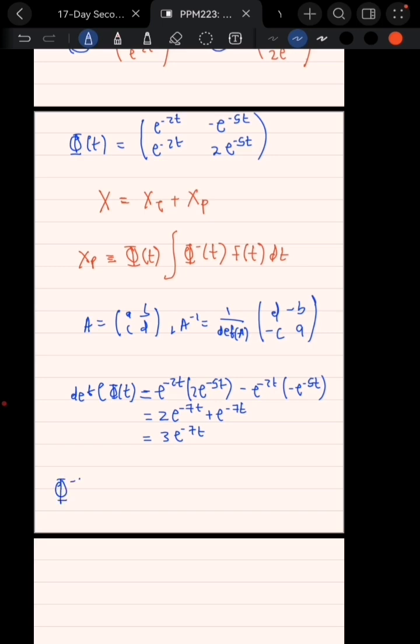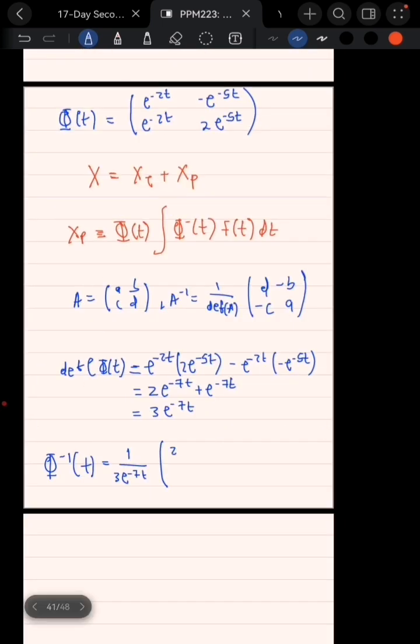Then the inverse of the fundamental matrix is equal to 1 over 3e to the power minus 7t multiplied by the matrix (2e to the power minus 5t, e to the power minus 5t) and (minus e to the power minus 2t, e to the power minus 2t).